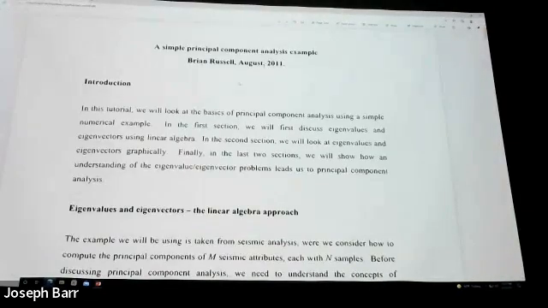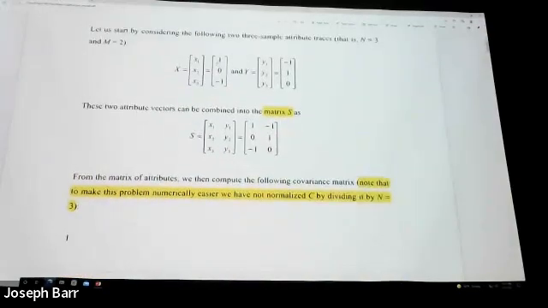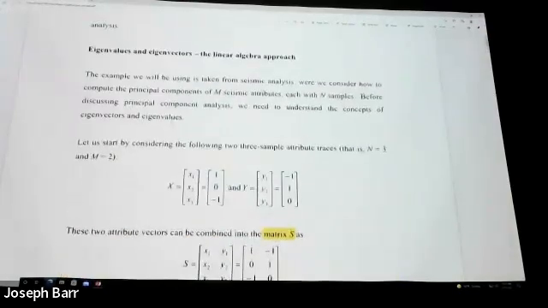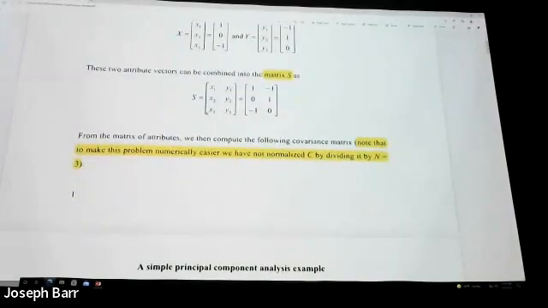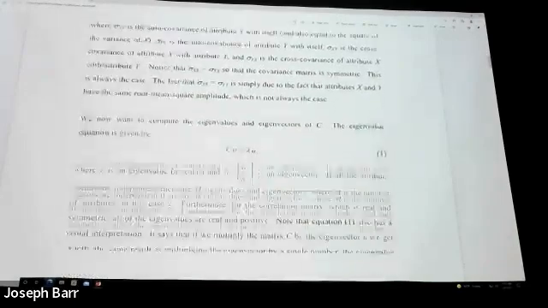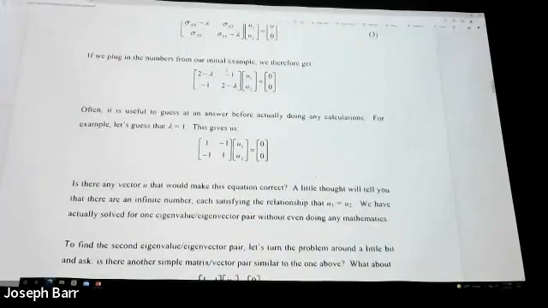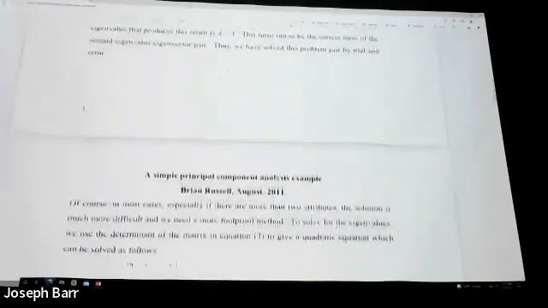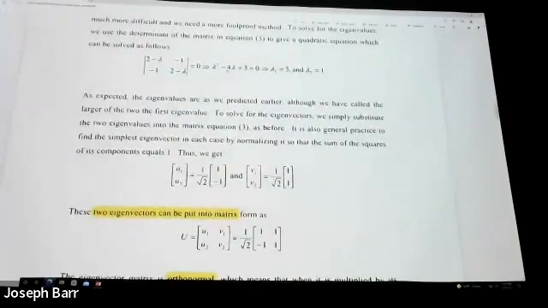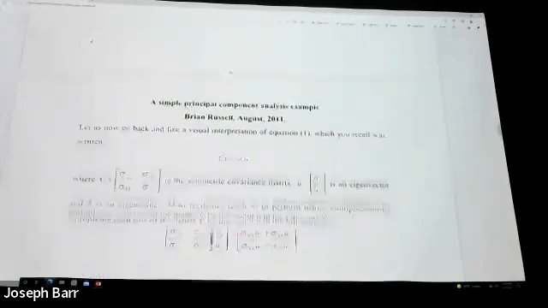You can just follow the exercise here, starting from the original A matrix, you calculate the S matrix, C matrix, eigenvalues, and so on. How to solve that? Do eigenvalues.